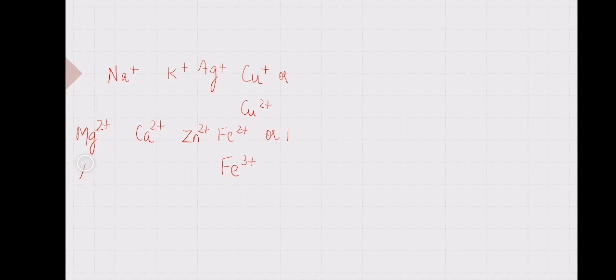Now let us understand the valency of aluminium. Aluminium has a valency of 3 plus. So it is usually written as Al3 plus. So this is regarding ions of metallic elements. These are all metallic elements.